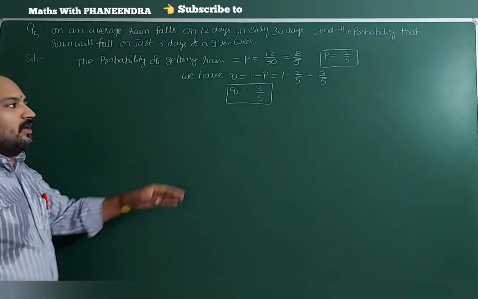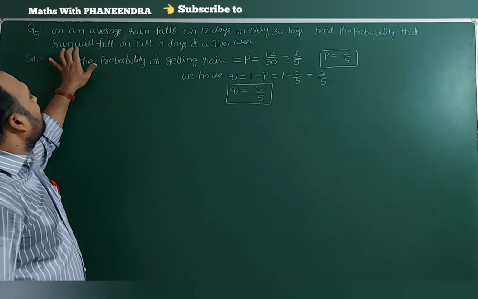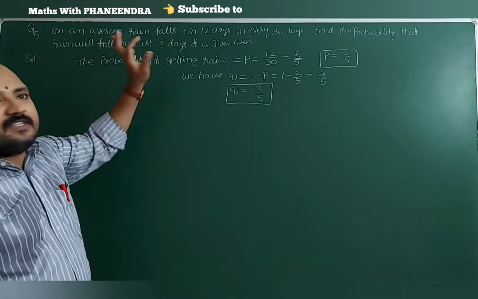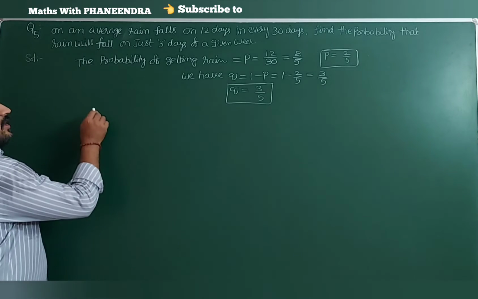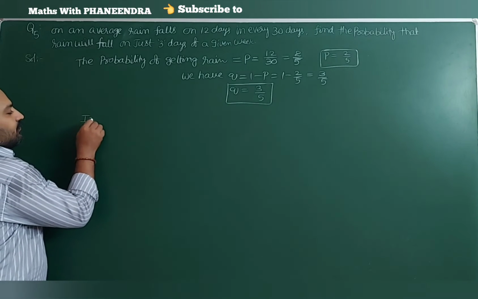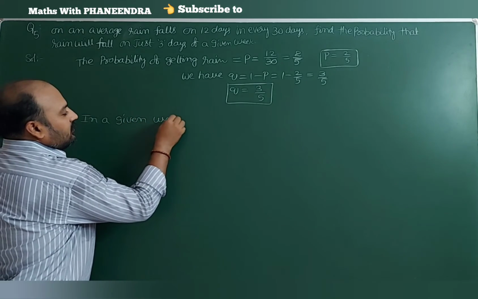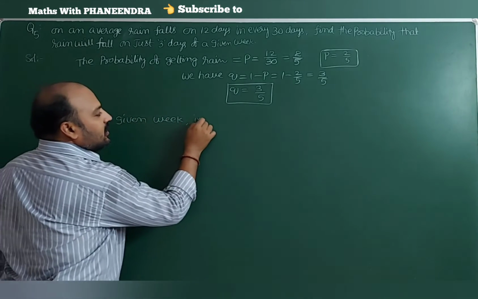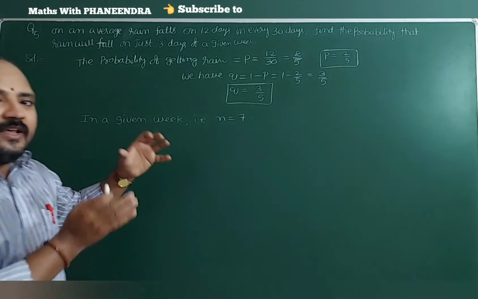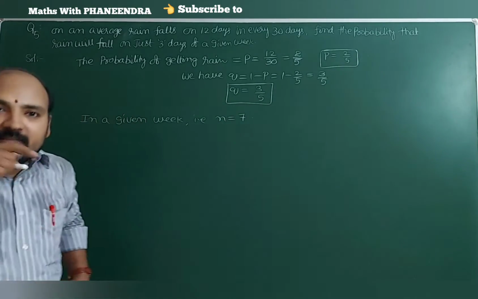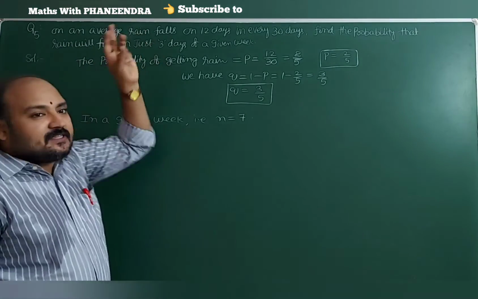Come to the next one. Find the probability that rain will fall on just 3 days of a given week. In a given week, that means n is equal to 7. So the number of days here is given as 7. In these 7 days, rain will fall on just 3 days.